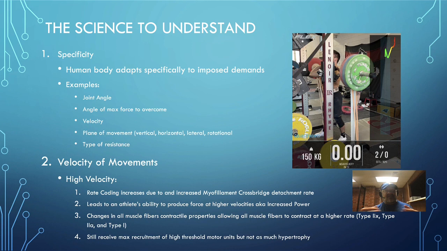We're going to talk about vertical, horizontal, lateral, and then rotational. And then type of resistance: bands versus free weight versus chains versus, what is it, the weight releasers. For every type of resistance, there are specific adaptations.